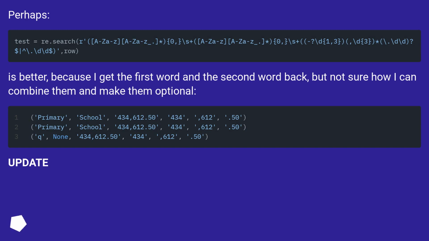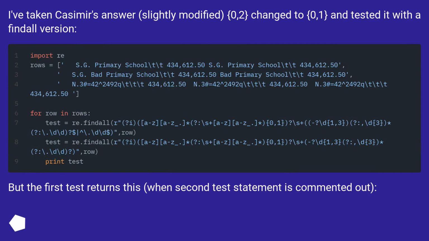Update. I've taken Casimir's answer, slightly modified, 0,2 changed to 0,1, and tested it with the final version. But the first test returns this, when the second test statement is commented out.